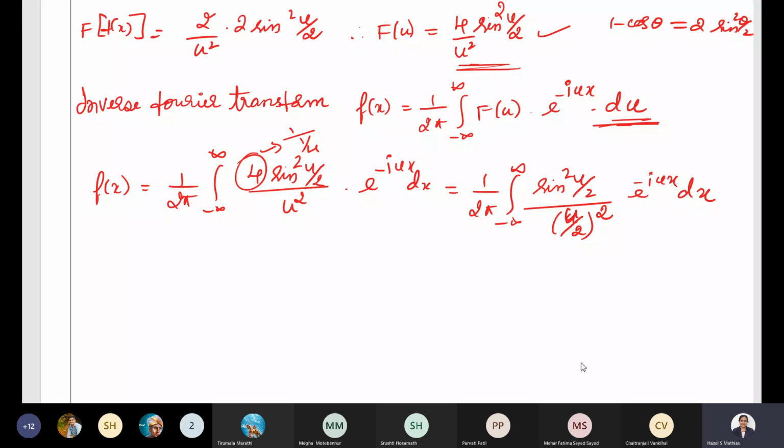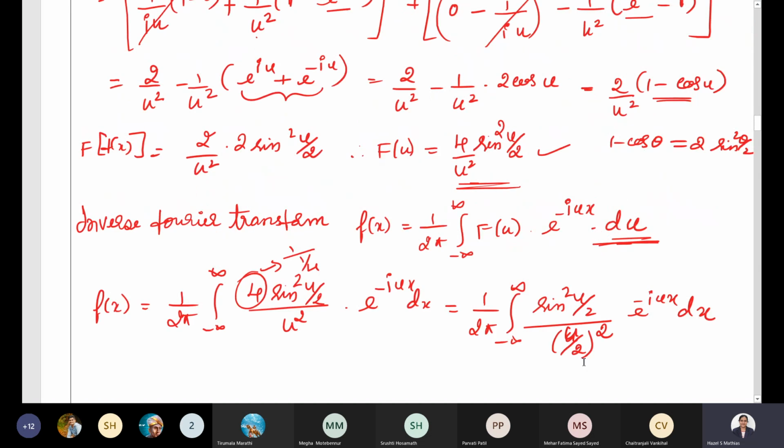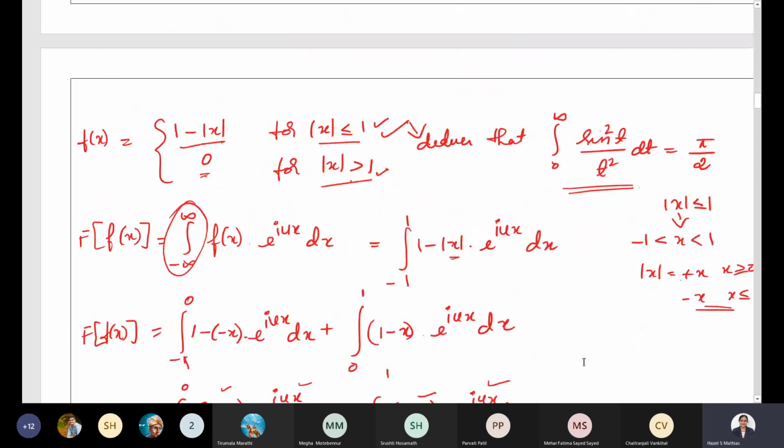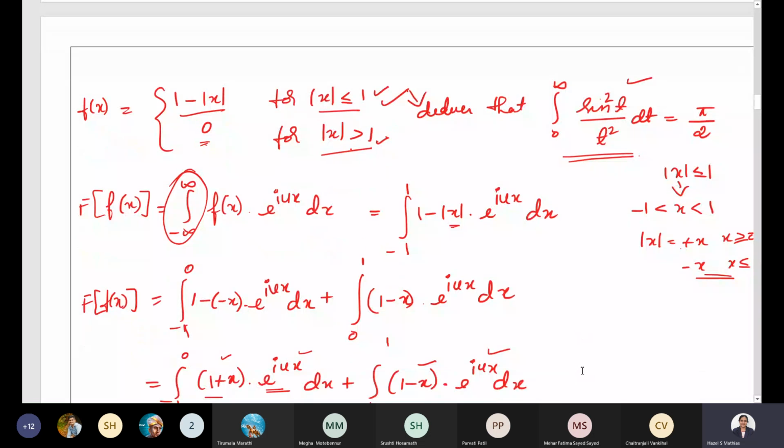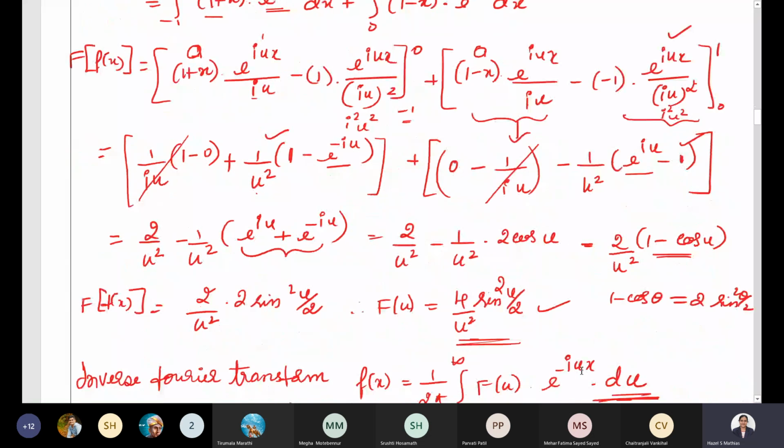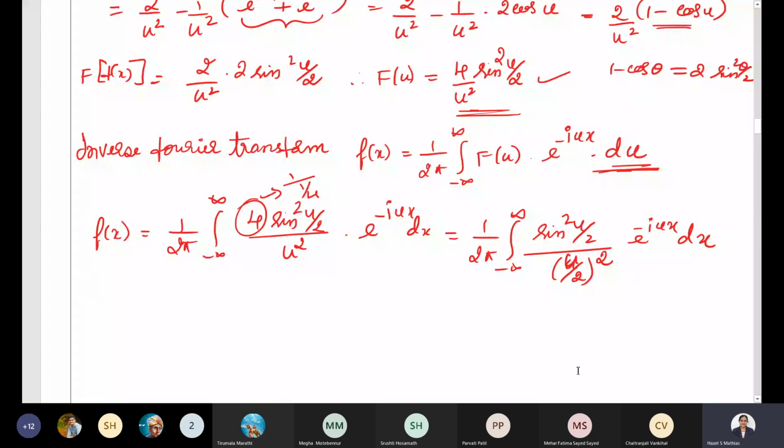Now, in order to reduce that to the expression, here is the expression: integration from 0 to infinity of sin²t / t² dt equals π/2. We have to reduce the expression to this form. So in order to reduce that, we put x equal to 0. And we know f(x) is 1 minus mod x. So when we put x equal to 0, f(0) is 1 minus 0, which is nothing but 1.